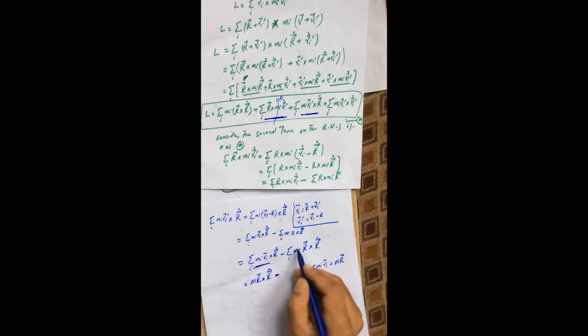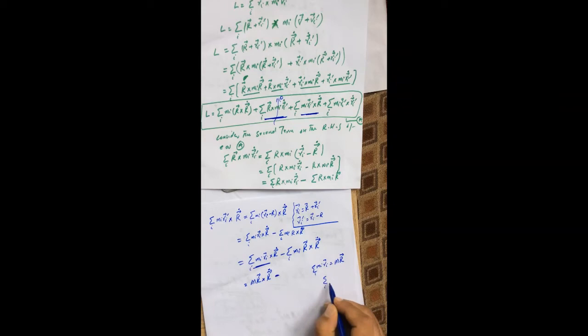Now we know that sum over i of mi Ri is equal to m R. So instead of this I will replace it by m R, and then we have cross R dot, minus sum over i of mi, and we know that sum over i of mi is equal to the total mass m.